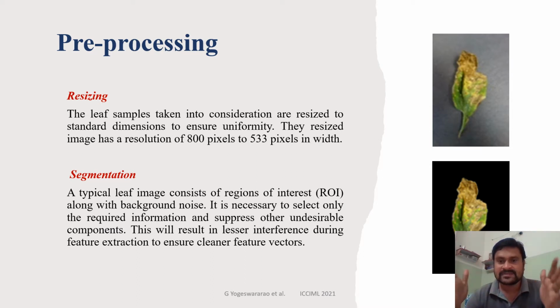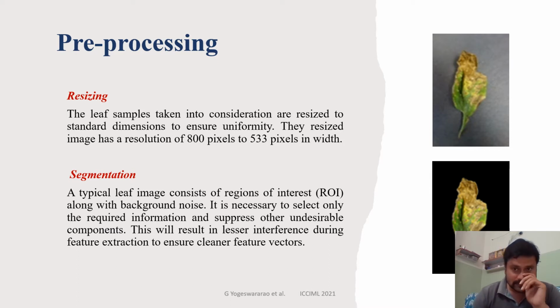We also used k-means segmentation with k value 2, where k value 2 indicates the background and the original object, the region of interest we are choosing.